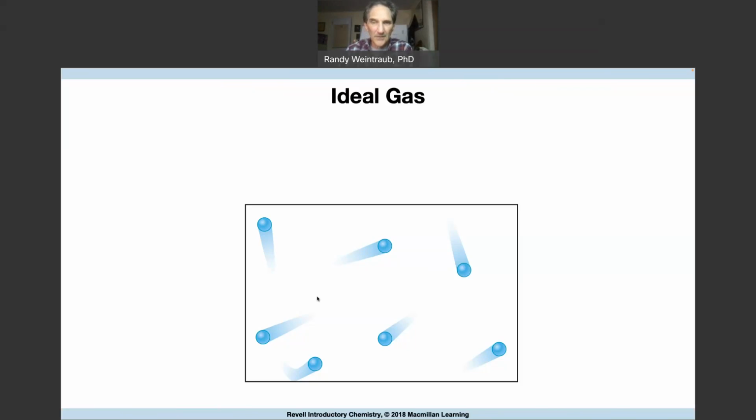When they pass by each other, they do not slow down. When they collide, they bounce off each other like billiard balls. When gases behave in this way, we can predict the behavior mathematically using some simple relationships between the variables temperature, volume, and pressure.